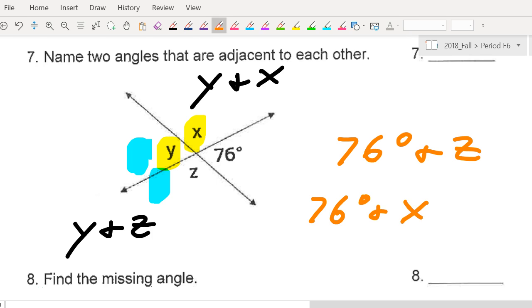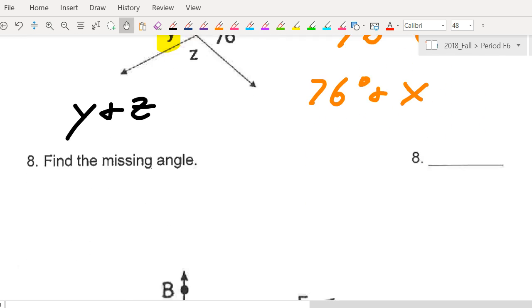They have to share a what? A point and a side. So those are 4 different answers. I think there's even more though. Is there? Or did we get them all? Yeah, we got them all. You only have to write one of them.